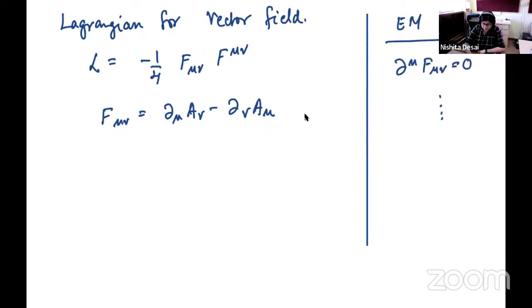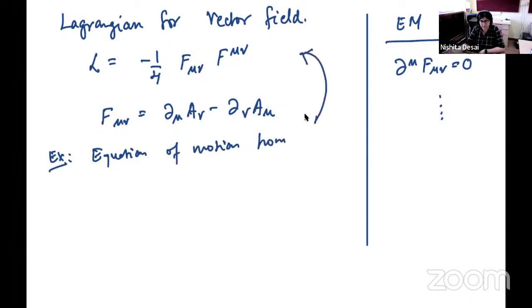So you can do this as an exercise where your field is A mu, so you can derive equations of motion from this Lagrangian up here, okay? And what you will get is essentially the Klein-Gordon equation. It looks like this, okay? So this is for a massless field.